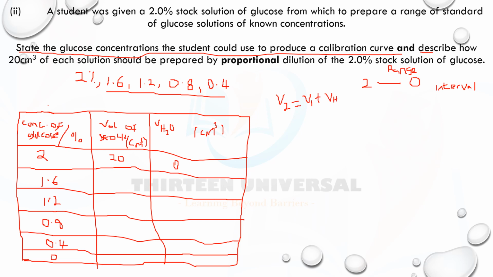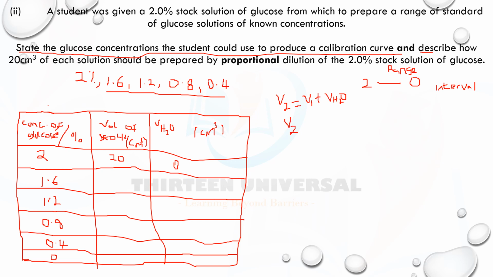That's my final volume, guys. So my final volume here is already 20, because this is volume of stock, V1, plus volume of water. I know that my V2 is already 20.